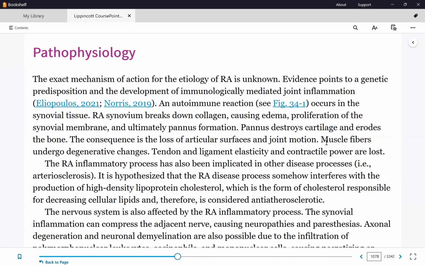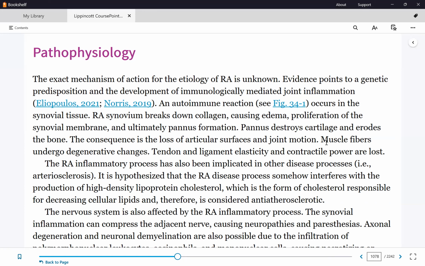The joints affected most commonly are the fine motor joints. Unlike osteoarthritis, which usually affects the weight-bearing joints such as the hips and knees, rheumatoid arthritis can affect those large joints as well, but it affects more the fine motor joints, such as the hands, fingers, and wrist.